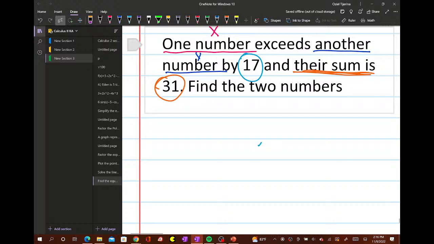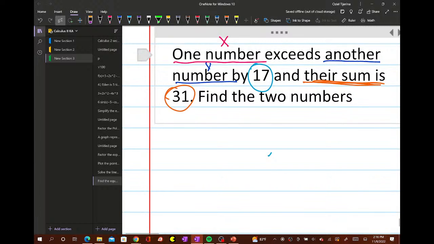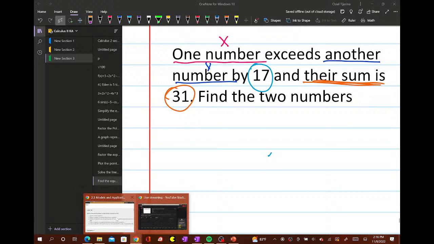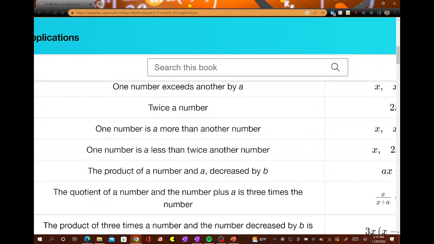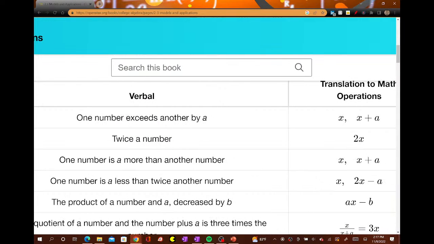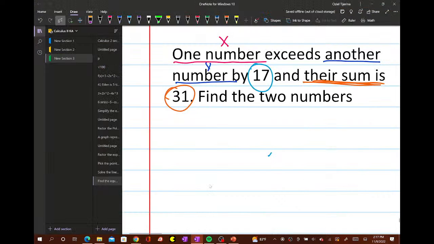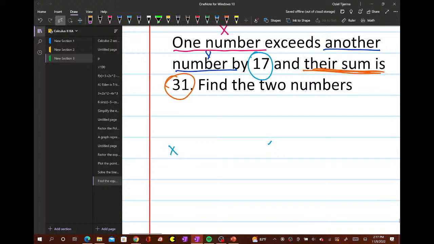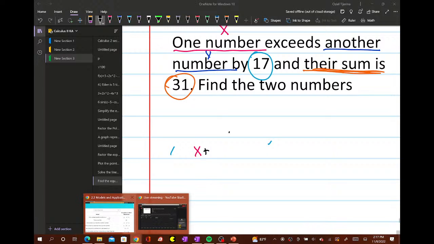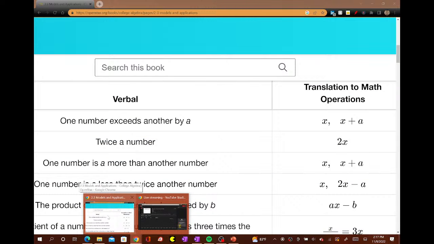So it says one number exceeds another number by 17. When we said one number exceeds another by a, we have one number x, and then plus another number by 17, so another number by a.